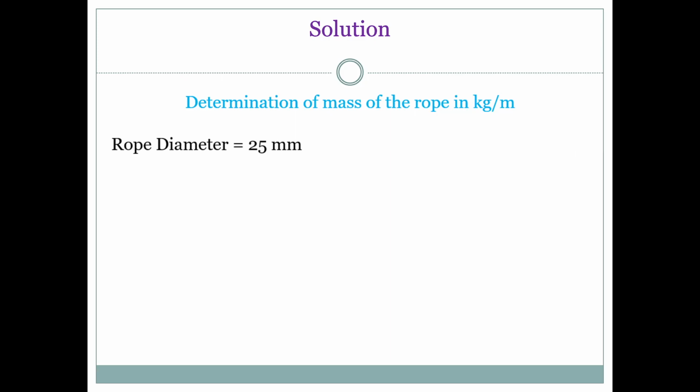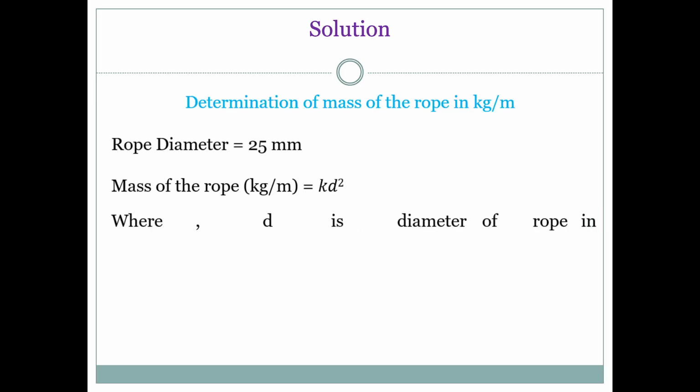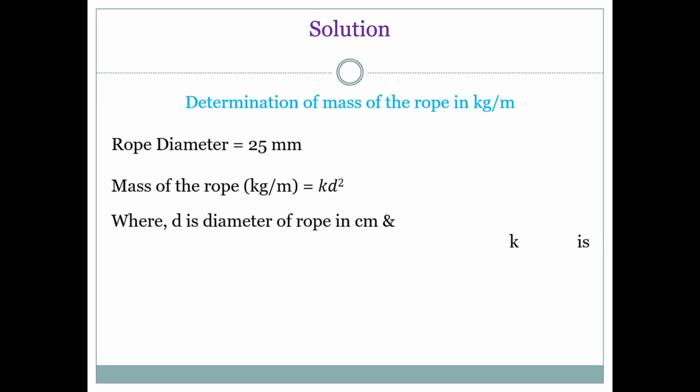The rope diameter given to us is 25 millimeters. Then mass of the rope in kg per meter is given by the formula k d square, where d is the diameter of the rope in centimeters. So this is to be remembered, d is the diameter of the rope in centimeters and k is a constant whose value is 0.35 for fiber core rope used for direct rope haulage.